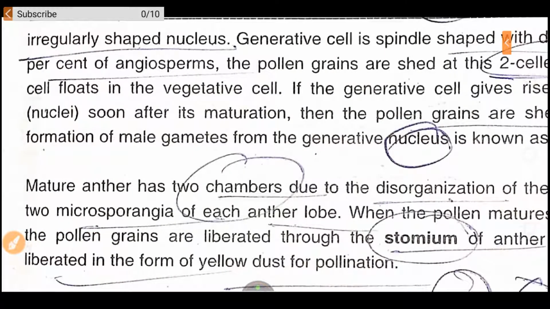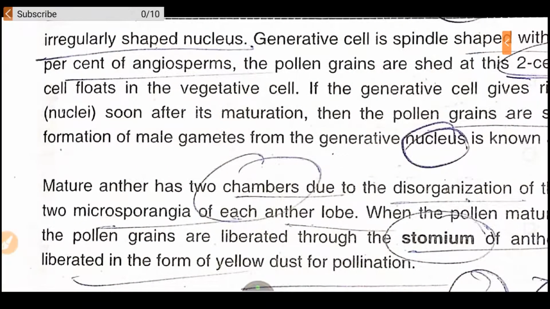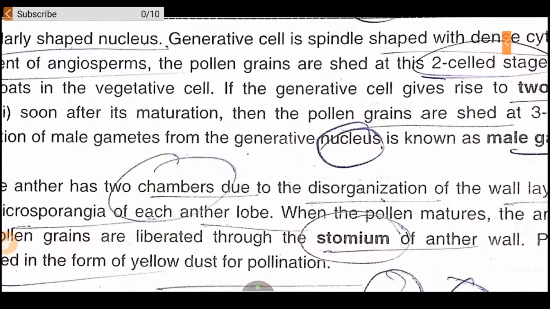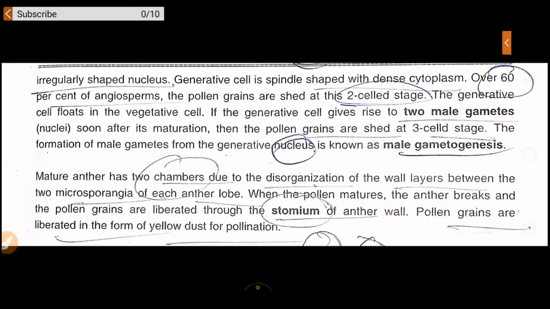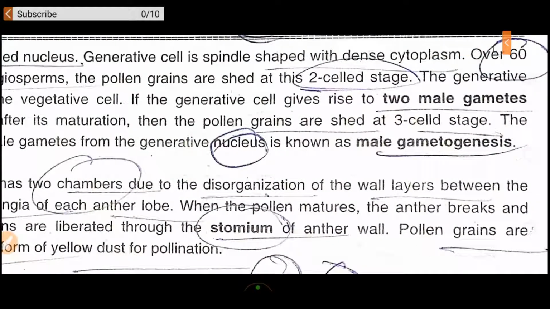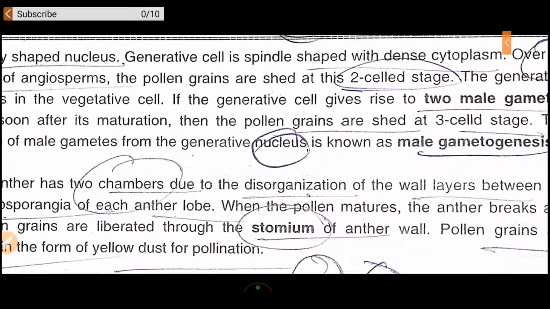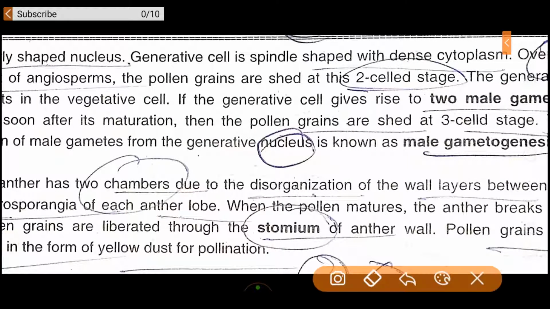Mature anther has two chambers due to disorganization of the wall layers between the two microsporangia of each anther lobe. When the pollen matures, the anther breaks and the pollen grains are liberated through the stomium of the anther wall.